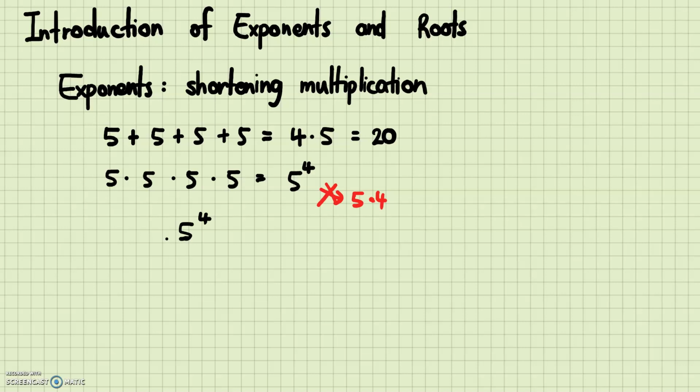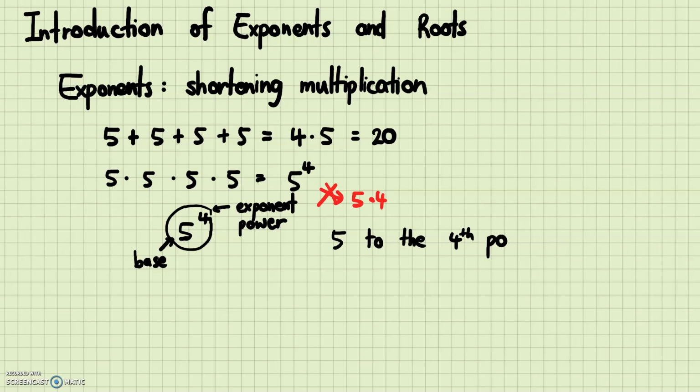Okay, and in this expression, the big number down here is called the base. And the little number up here is called the exponent, or another name for that would be power. So when you read this expression here, you can say 5 to the 4th power, or 5 to the power of 4.